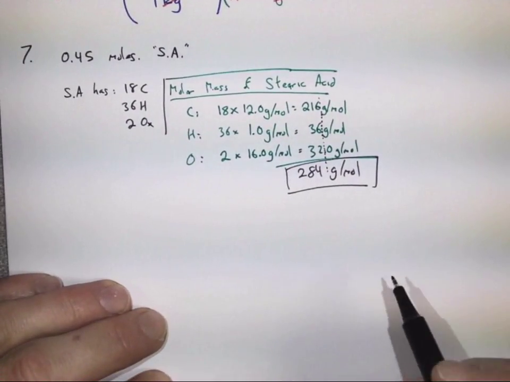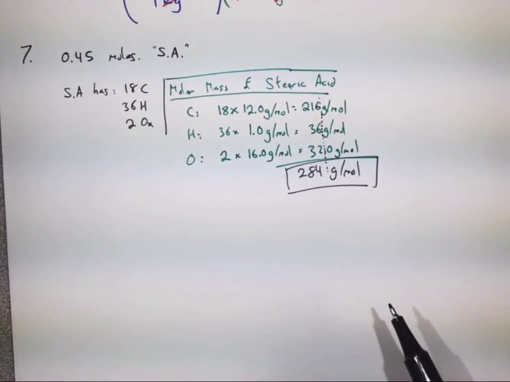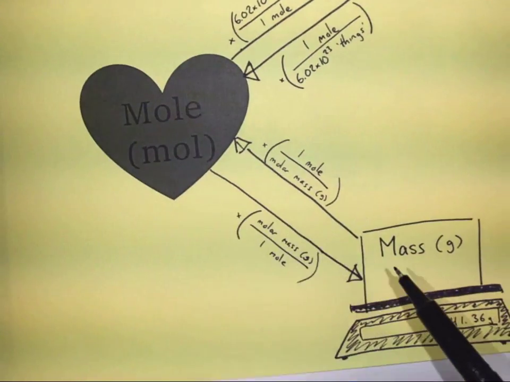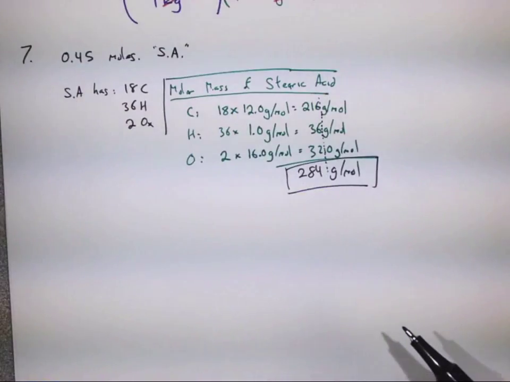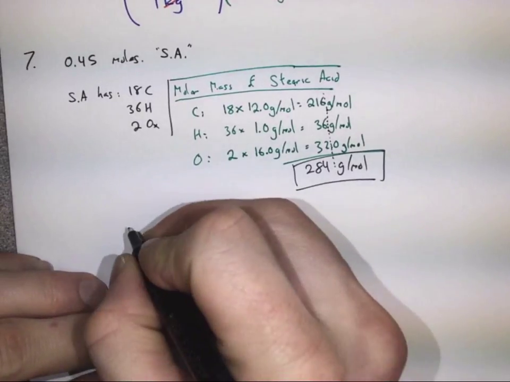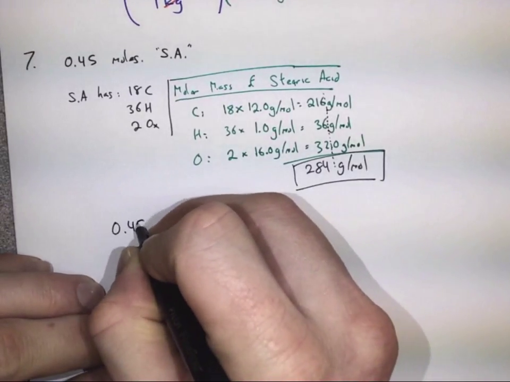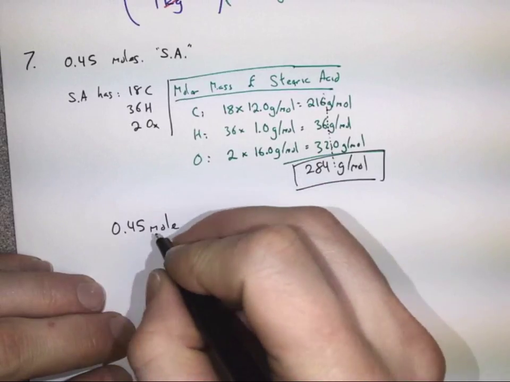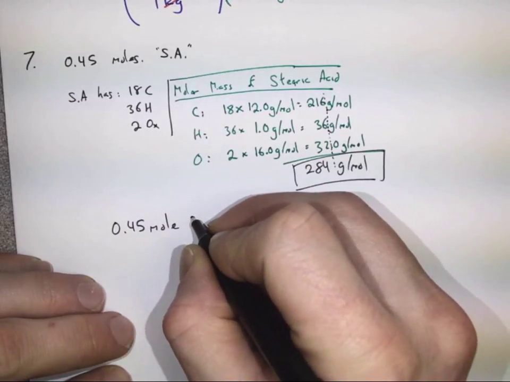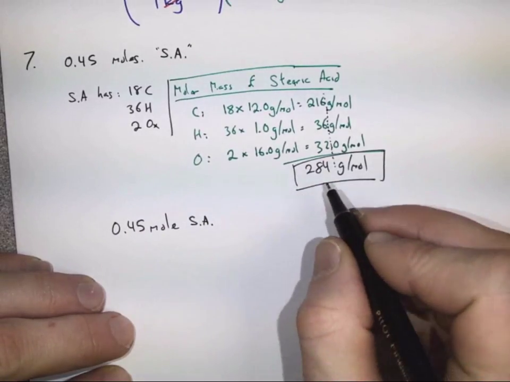All right. And so again, we want to remember, if we know how many moles we have, we want to multiply by molar mass to turn it into a mass so we can weigh it out. And that's a kind of everyday sort of chemistry goal. So we want to be able to weigh out the right amount of things. So we have 0.45 moles of stearic acid.